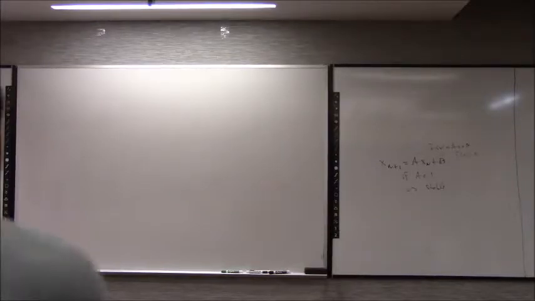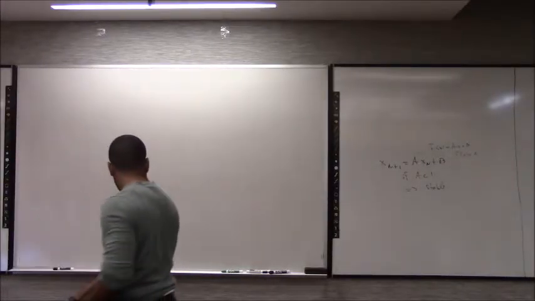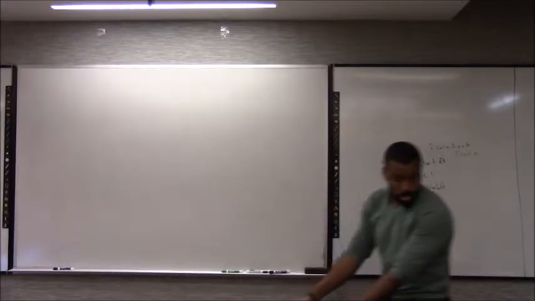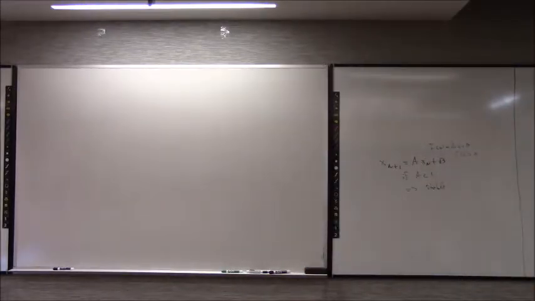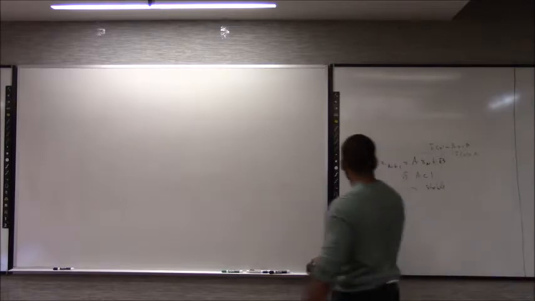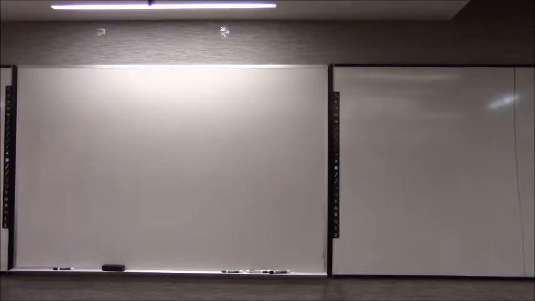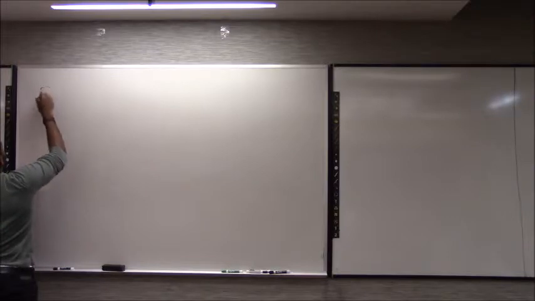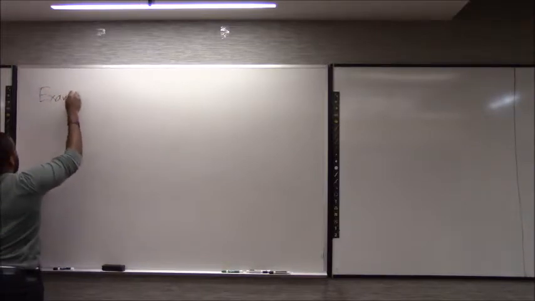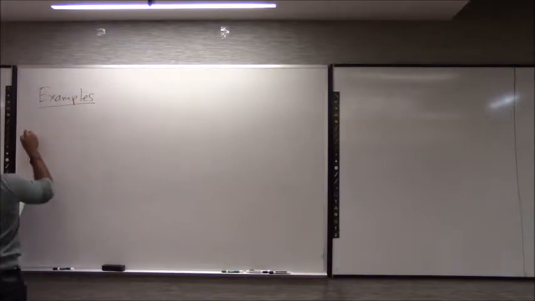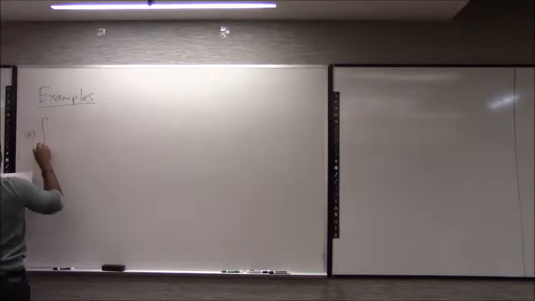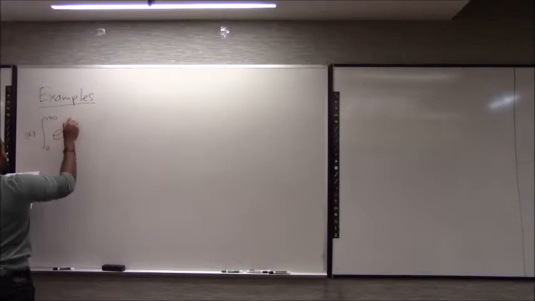Okay, let's begin. We had some examples to get through last time, so let's just start with those. So A, we had the integral from 0 to infinity of e to the minus x squared.